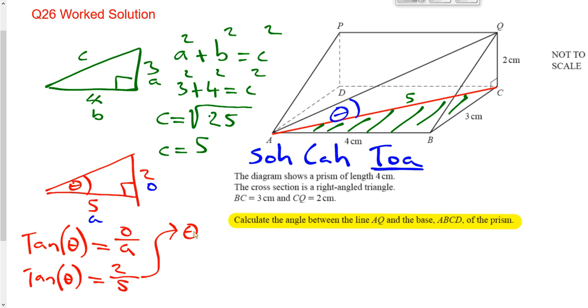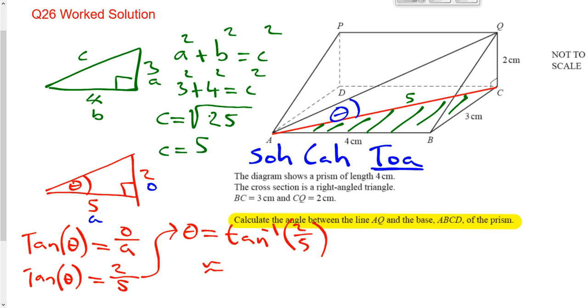Since I've taken the inverse of the left-hand side, I need to take the inverse of the other side. So the angle is going to be equal to the inverse tangent, which is just a button on your calculator. Usually you press Shift and the tangent button, of 2 over 5.